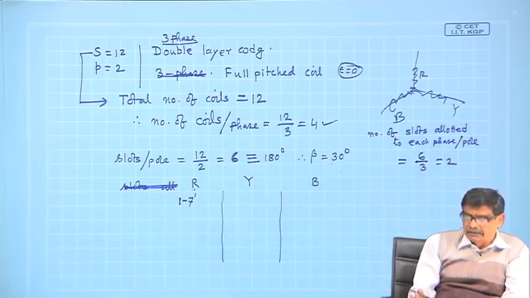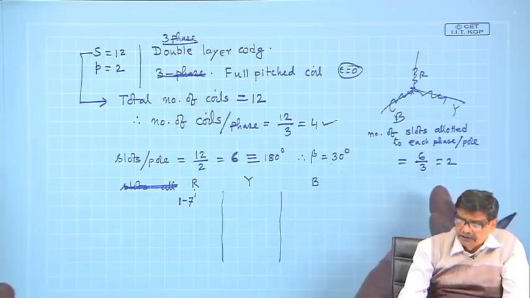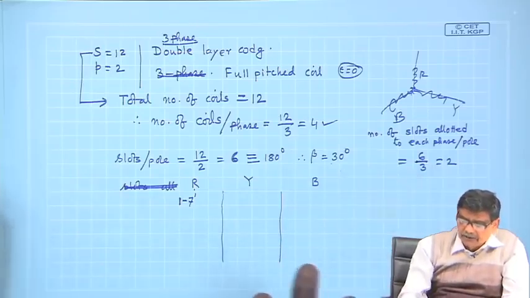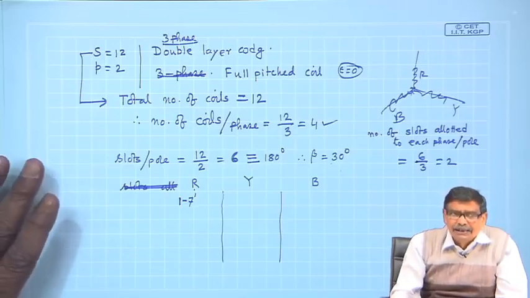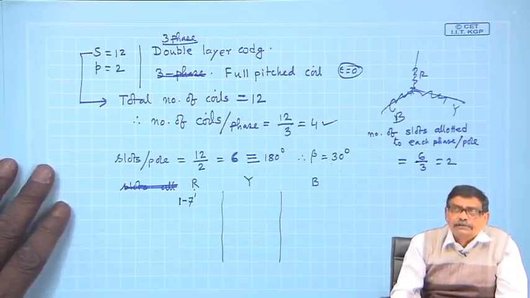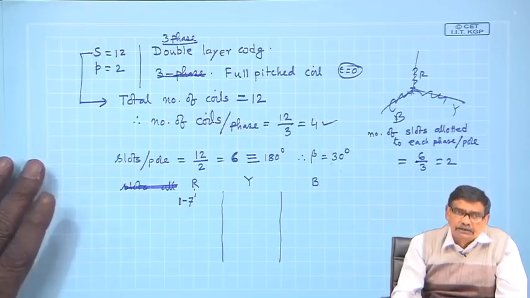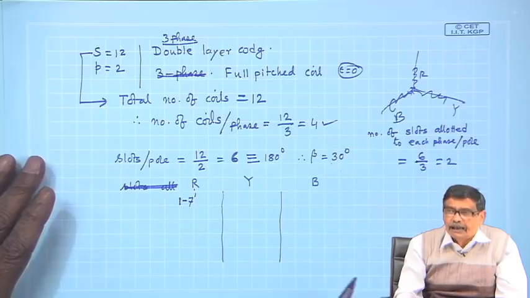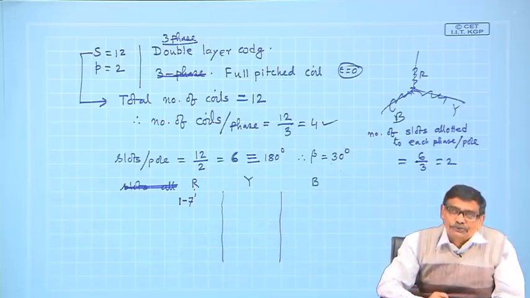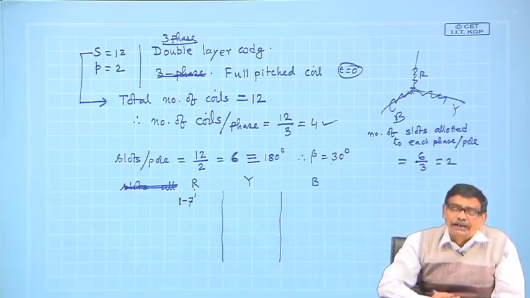Under each pole there are 6 slots available. So, I will allot equally to each of the phases, because I think this will ensure a balanced 3 phase winding. Why unnecessarily show favor to a particular phase, allotting more slots to that? It should be equal.